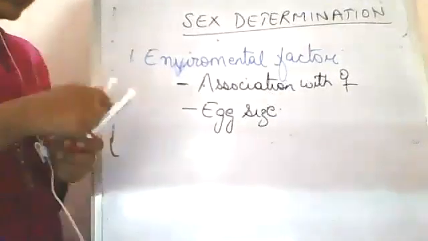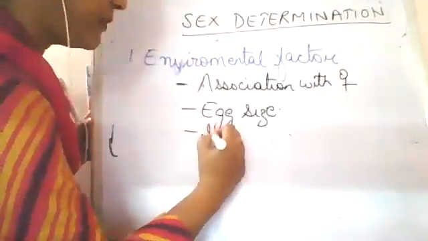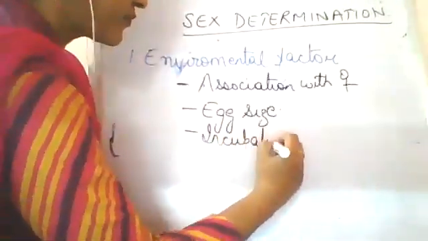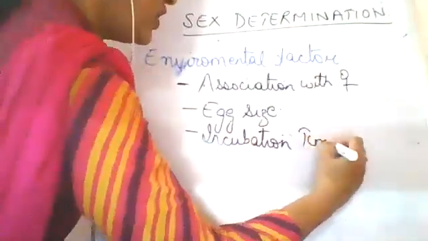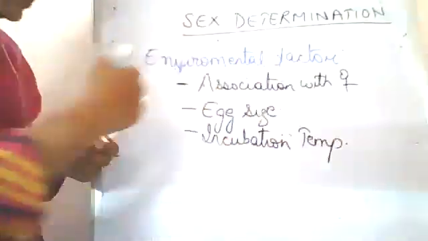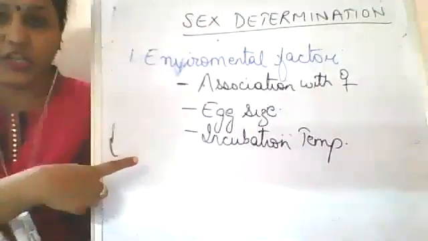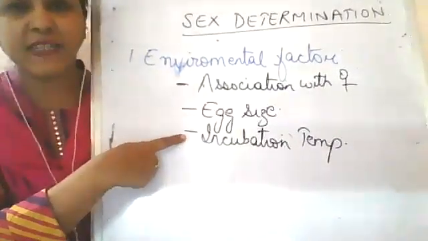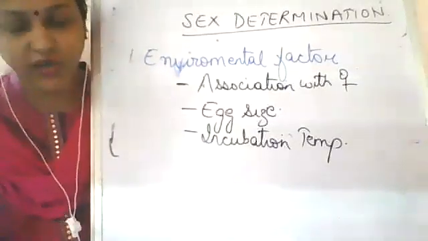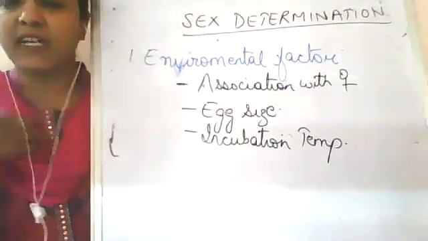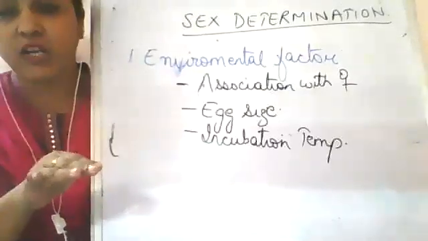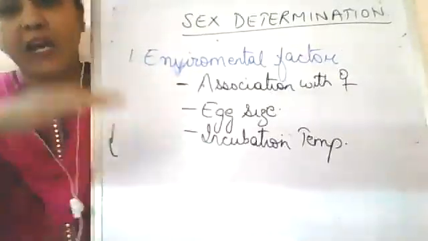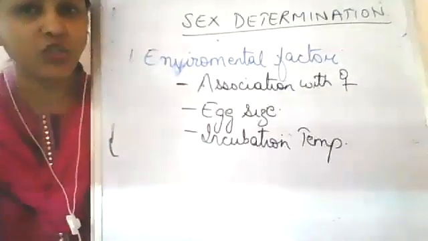Then the third type is incubation temperature. As we understand what incubation is, it is the temperature at which the eggs are placed. It differs from organism to organism. If the eggs are subjected to a lower temperature they develop into one sex, and the reverse happens at higher temperature.